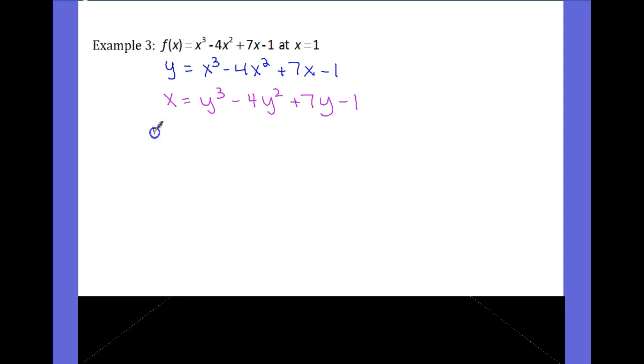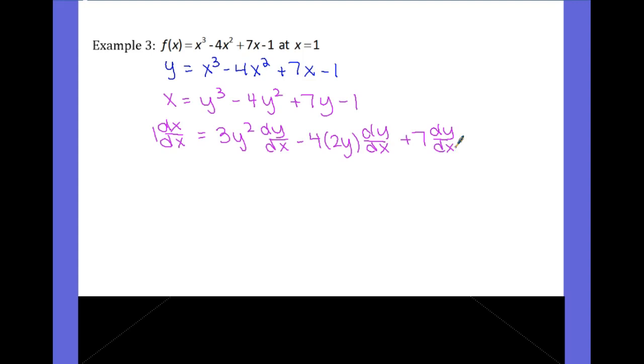So the derivative of x is 1 dx/dx. Hey guys, after our quiz yesterday, we don't have to write dx/dx anymore if you don't want to. So it's 1 equals 3y squared dy/dx minus 4 times 2y dy/dx plus 7 dy/dx minus 0. 4 times 2 is 8.